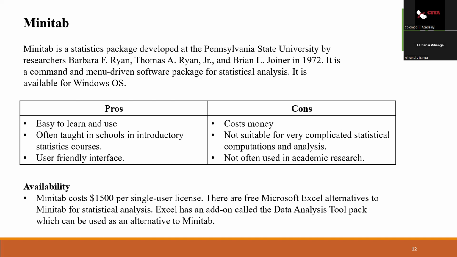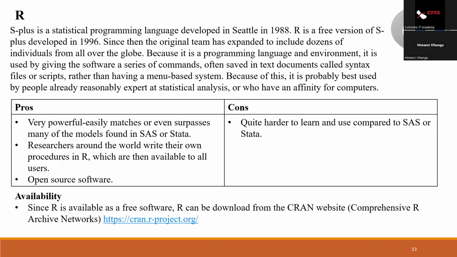Moving on to our topic R, which is going to be used in the next weeks. This is very popular nowadays and largely used, and it was built in 1988, and this is open source statistical software. Unlike Minitab and SPSS, this is available to be downloaded freely without paying money.